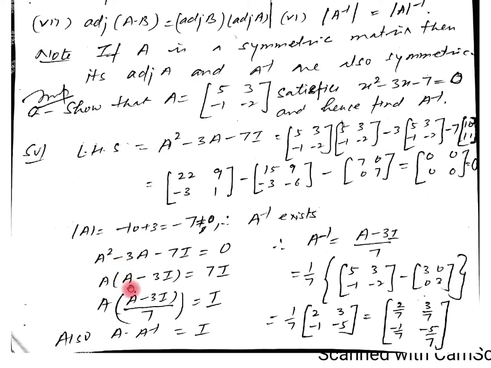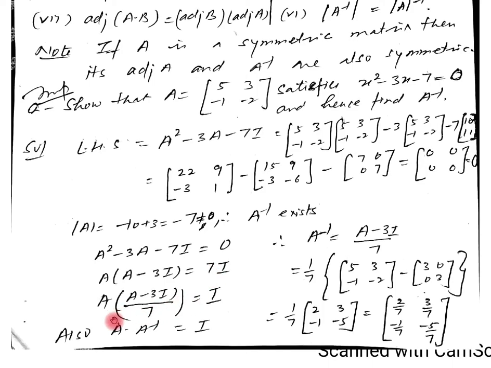Taking 7 to the other side, A into (A minus 3I) upon 7 equal to I. Earlier, in the definition, A into A inverse equal to I. Comparing these two equations, A inverse is (A minus 3I) by 7.